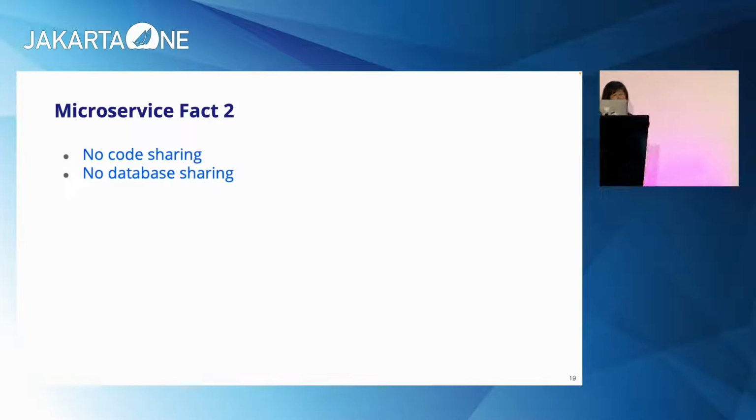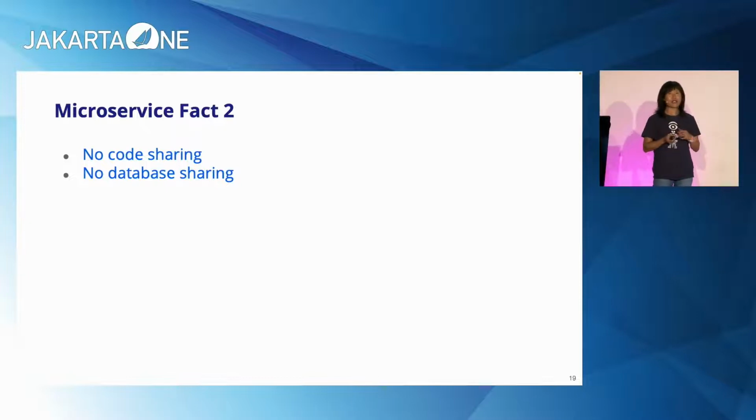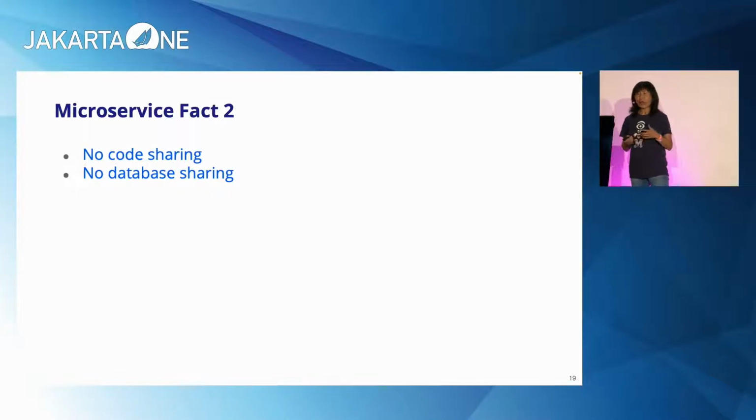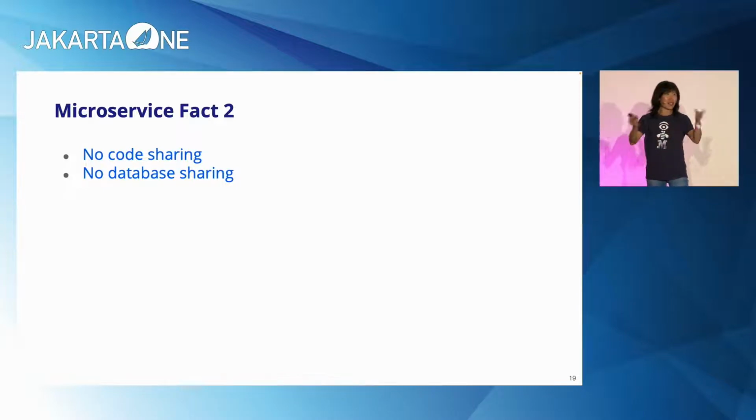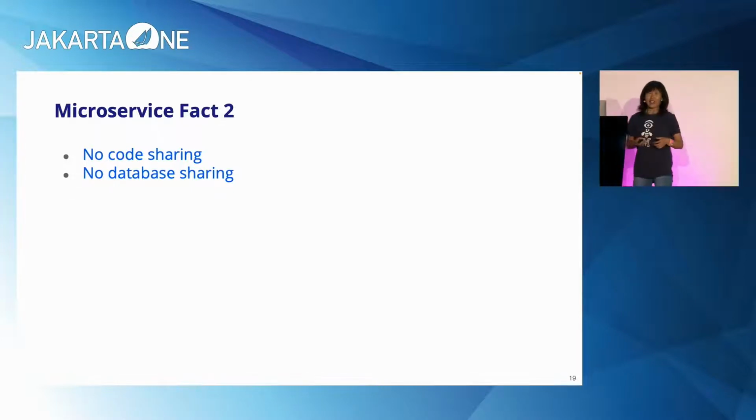The second thing is that microservices don't do code sharing. Back in 2019, I was at the Berlin We Are Developers Conference, and one person in the audience asked, how can you enable code sharing?